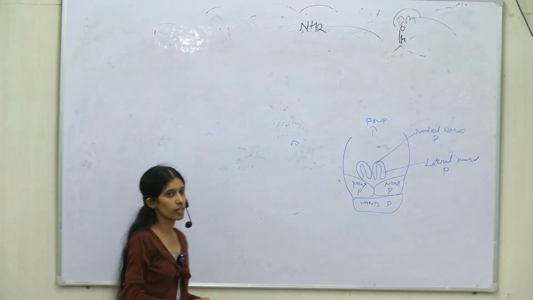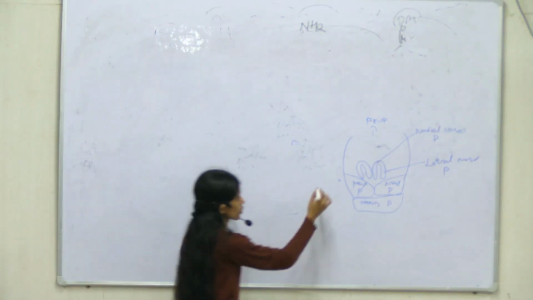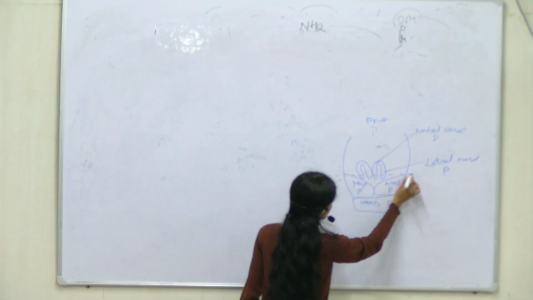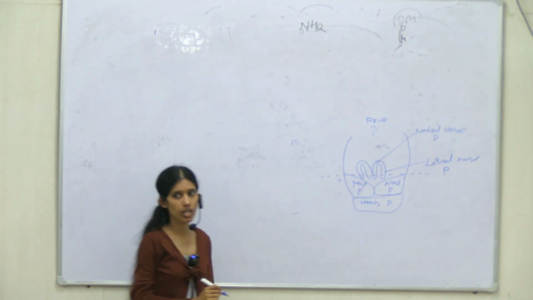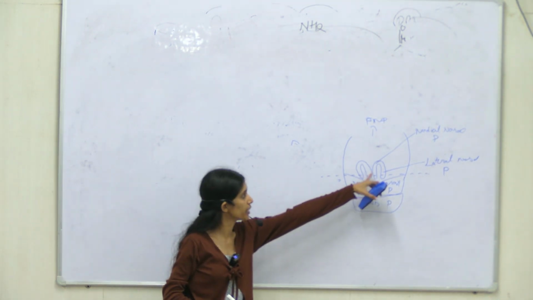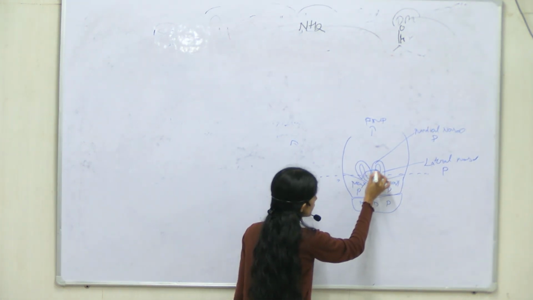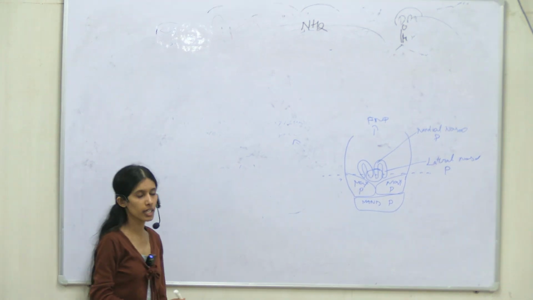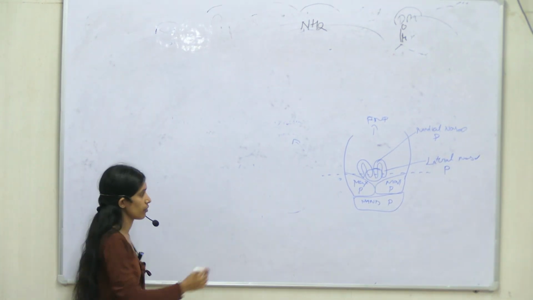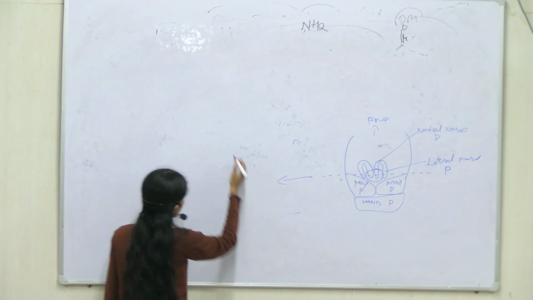Okay. Now, if I have to take the horizontal section, I will be taking section at this level, okay. And here your two medial nasal processes are going to meet with each other, okay. If I take the section at that level, this is how the structure will look, okay.